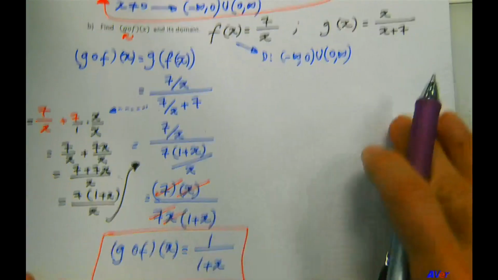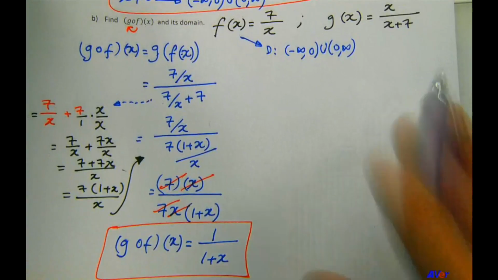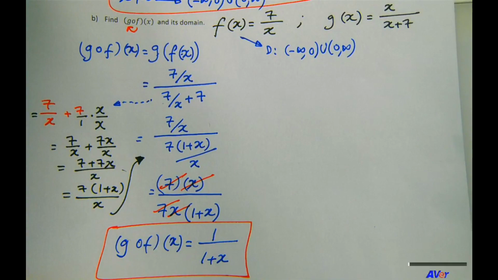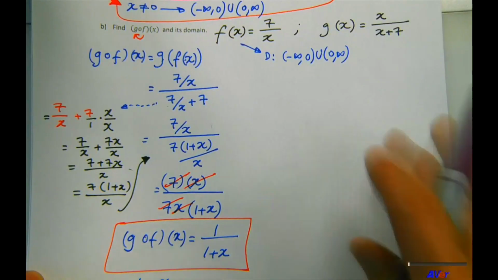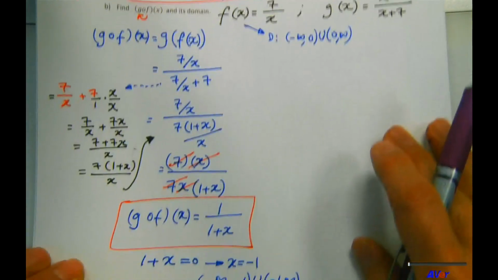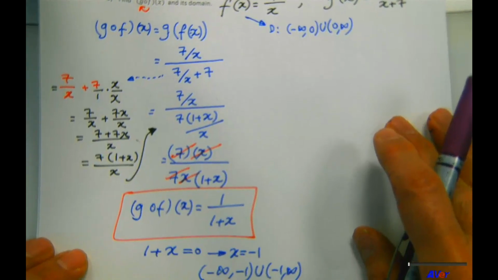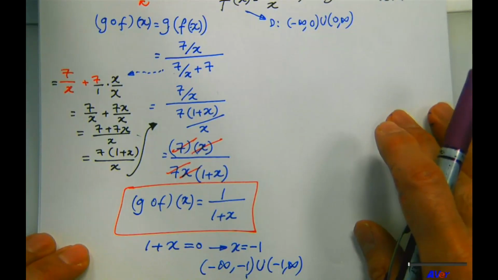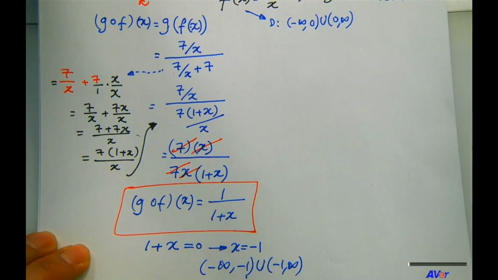So take the intersection. Let me zoom out a little bit so you can see both. I want to show both. Okay, you can see, at least now you can see both, right?